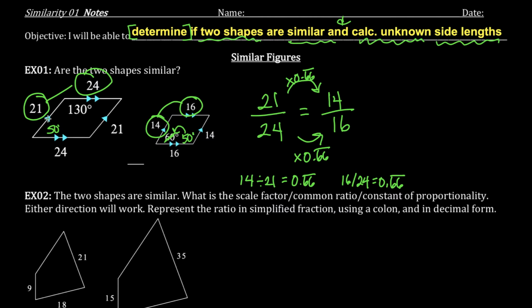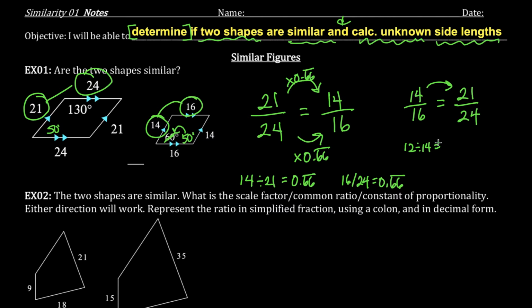Now, you don't have to go this way. You could actually go this way. You could say 14 and 16. 14, 16, 21, and 24. And we could figure out like this. 21 divided by 14. Ooh, I put 12.